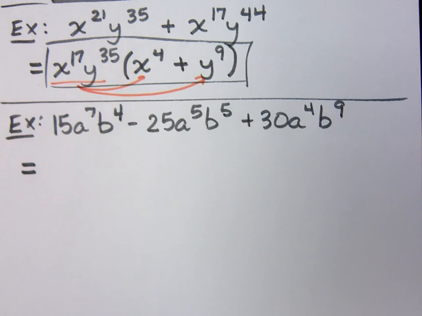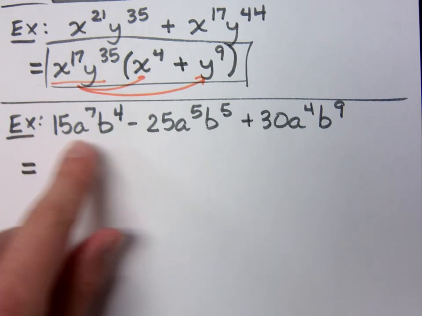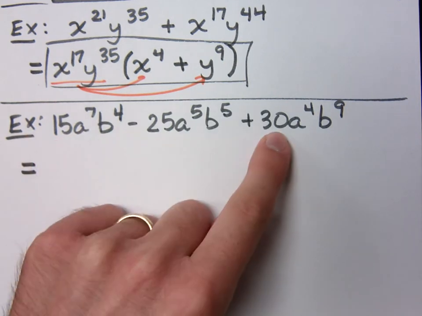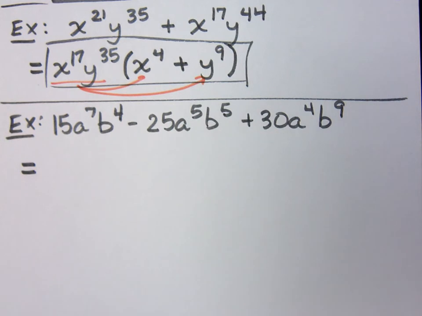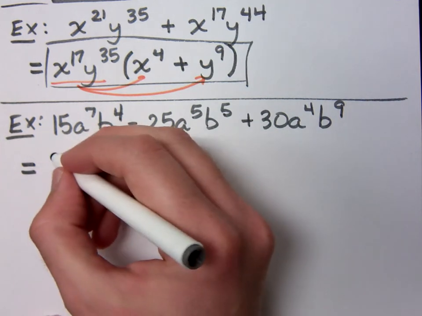Now you have a lot of different pieces to consider. You have the coefficients to look at, but you also have the variable components in each term to see if there's something in common. If I focus on just the coefficients, the 15, the 25, and the 30, what number goes into all of those? 5 goes into all of those.